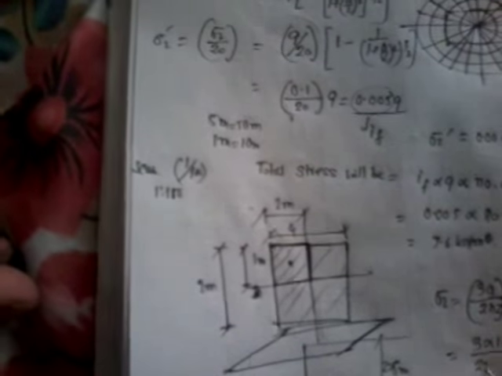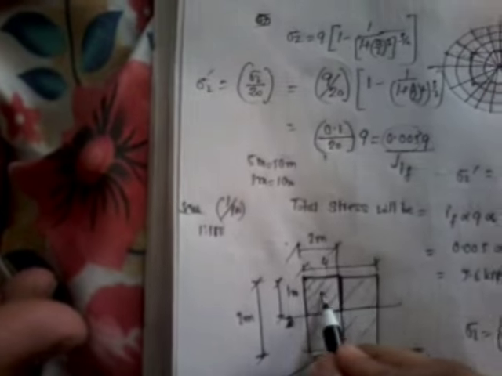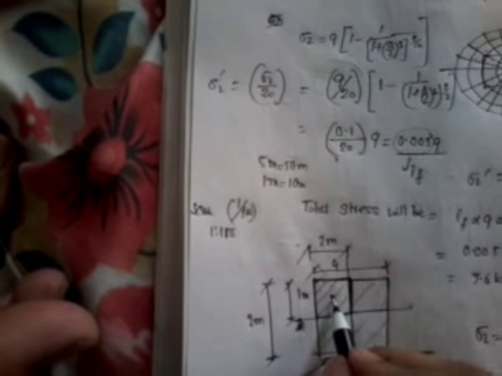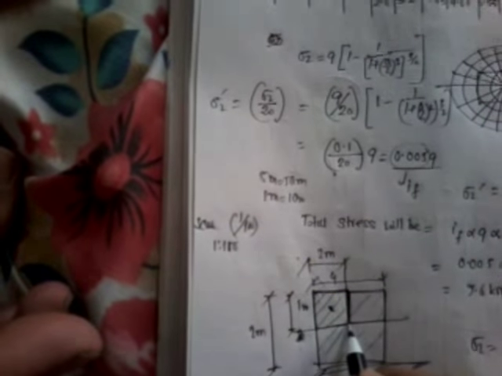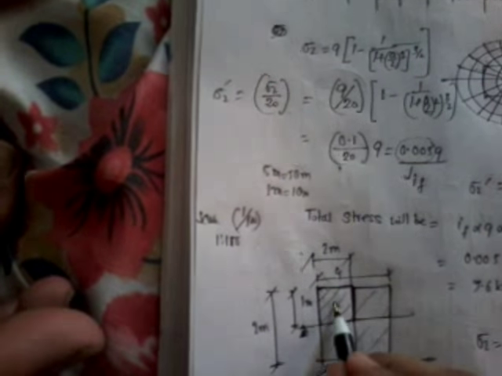So we have 3 into 160 by 2 pi into 5 squared into 1 plus (r by z)². The r value is measured from the point load. We measure the sigma z value from here to here, so we join this portion, and this is our r value. What will be the r value?